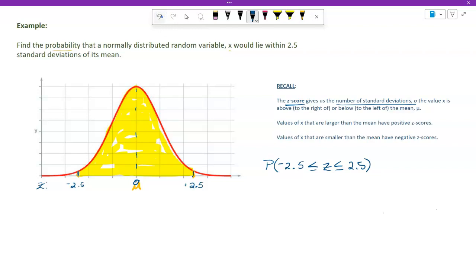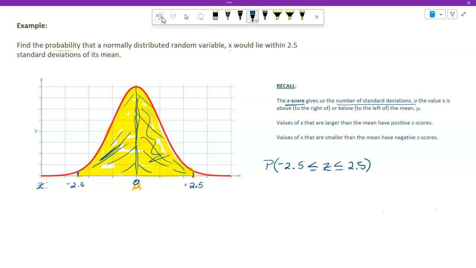I just want to remind you that these normal curves are symmetrical. So the area that we have shaded to the left of the mean will be equal to this area that's shaded to the right of the mean within our boundaries here. So we're going to use the fact that we have symmetry. Of course, we know that the entire area under the curve is equal to 1.